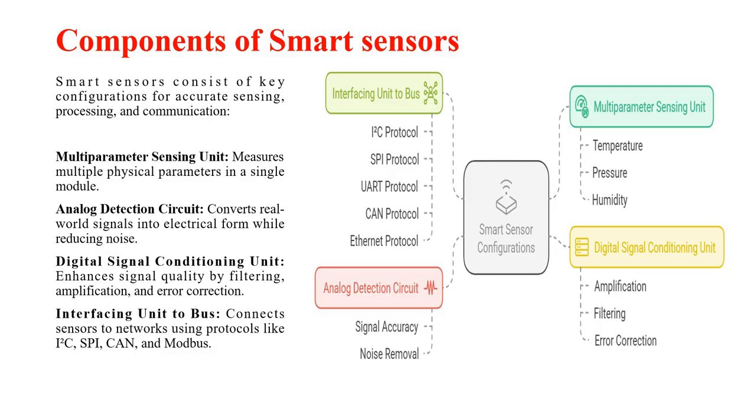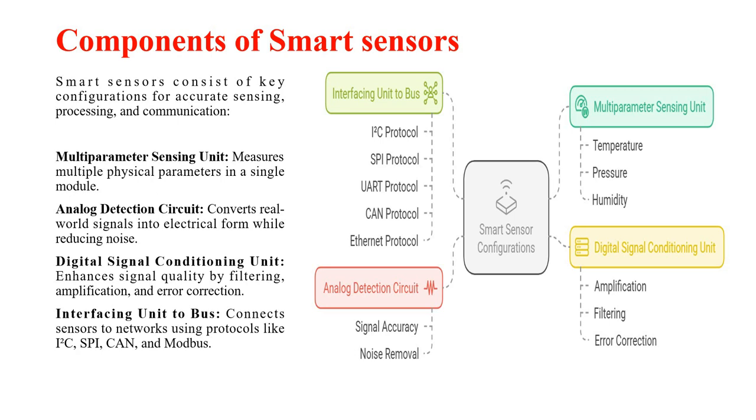Now we will see the components of the smart sensors. The smart sensors consist of multiple integrated components that enable accurate sensing, signal processing and communication with external systems.